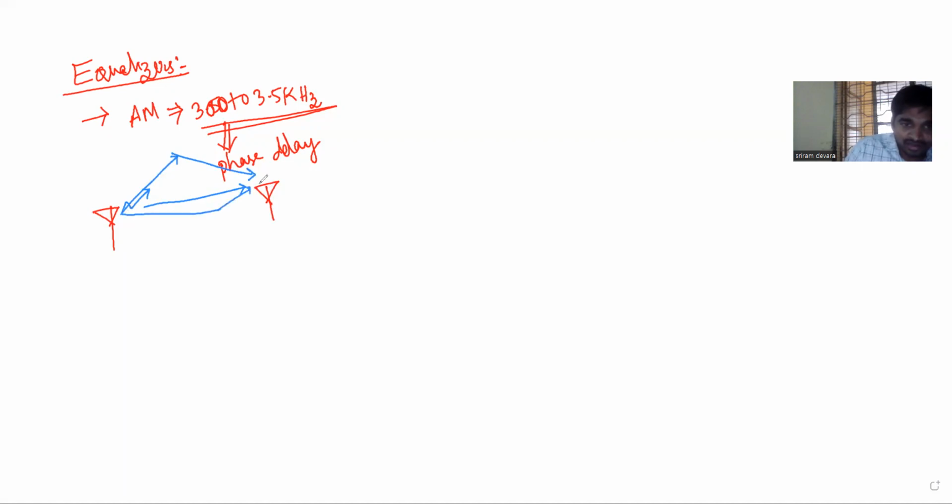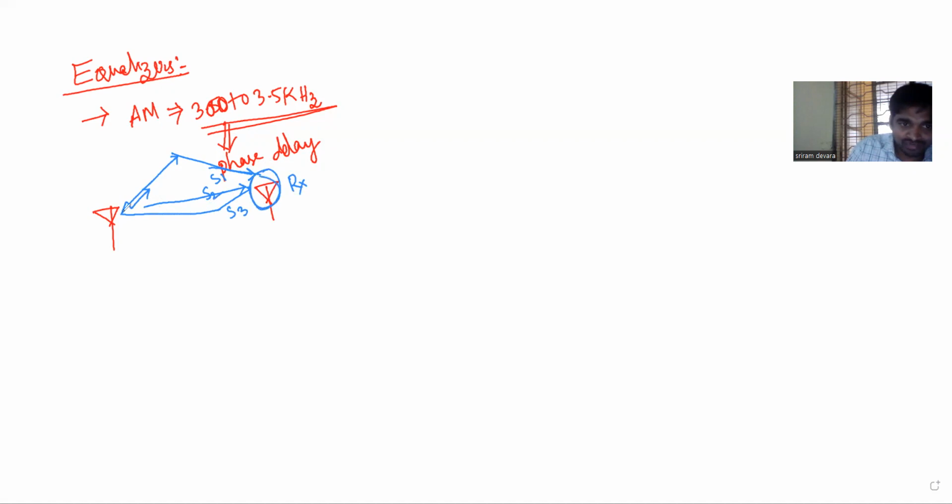See here, at the receiver side, the total signal received by the receiving antenna is the vector sum of signal 1, signal 2, and signal 3.